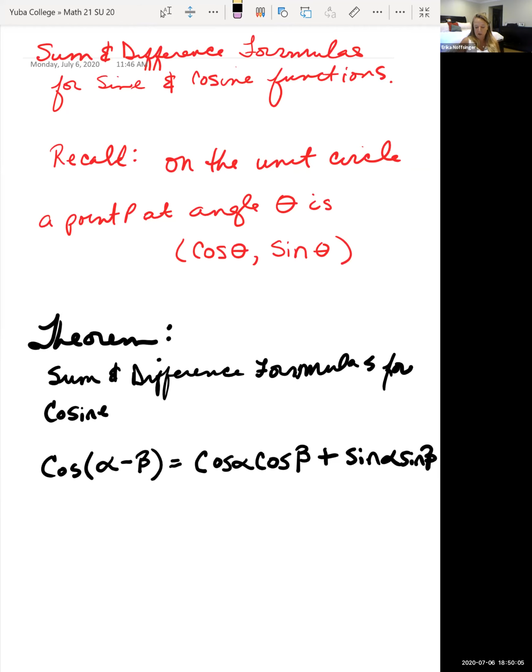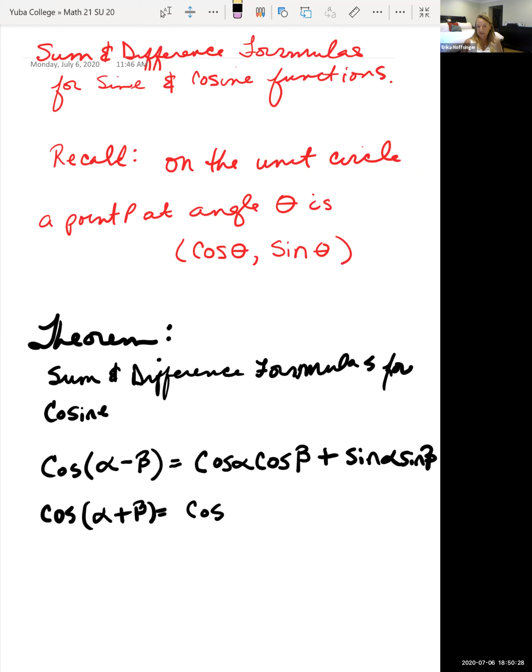Okay, so my goal right now is to prove to you why we can say that. But before we do that, let's write out the sum of two angles for cosine also. So cosine of alpha plus beta is equal to, it's almost identical as above.